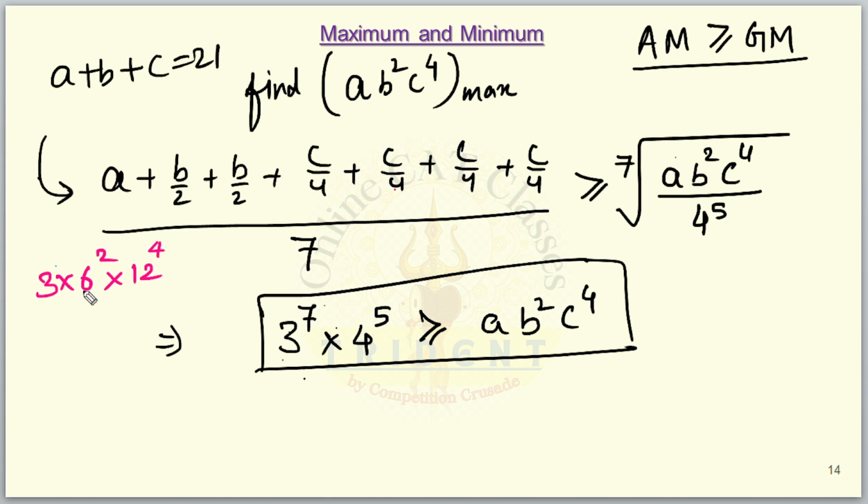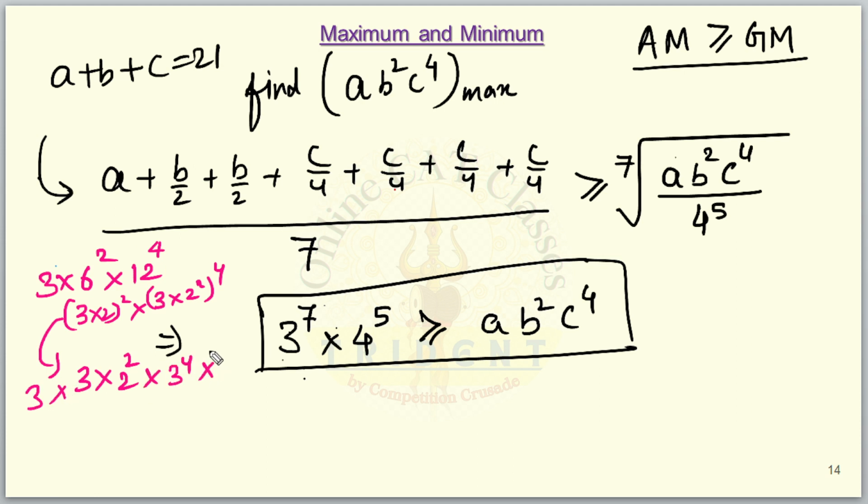Now 6 is 3 into 2, the whole square, and this is 3 into 2 square, the power 4. So this is 3 into 2 square into 3 raised to the power 4 into 2 raised to the power 8. So 4 and 2 is 6, and 1, 7: 3 raised to the power 7 into 2 raised to the power 10. This is what we received in the last case.